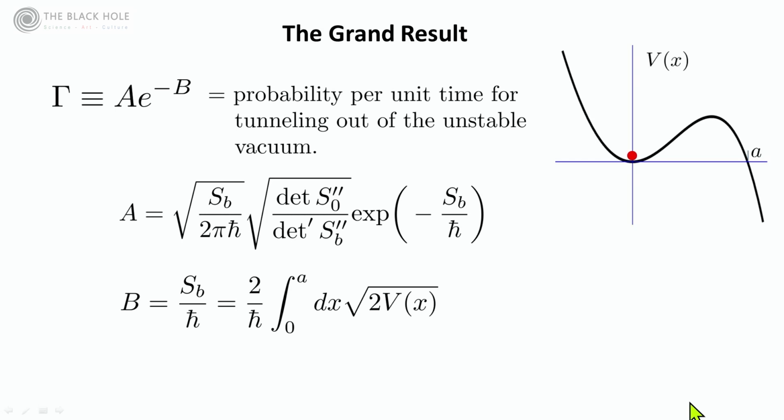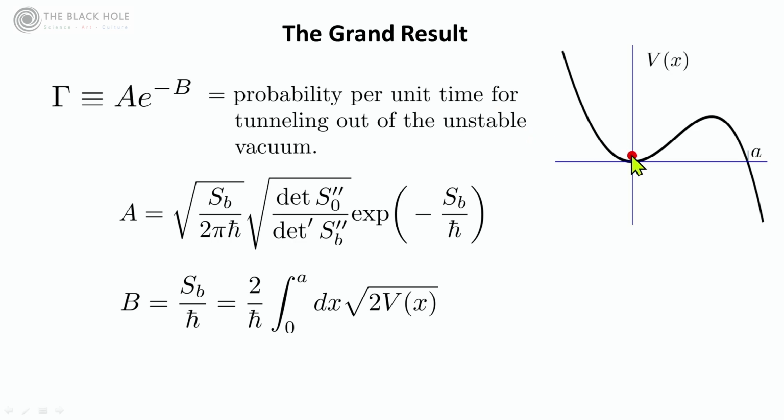And so this is my last slide. It's the great grand result, which says that we have succeeded in calculating the decay amplitude, gamma. It has this form, there's something times e to the minus S_B. And you can just look at the dimensions. This is probability per unit time for tunneling out of the unstable vacuum.